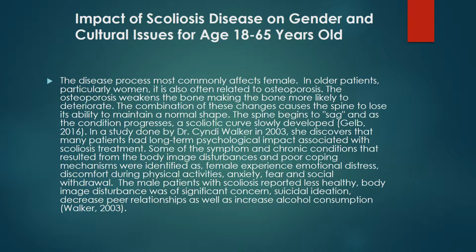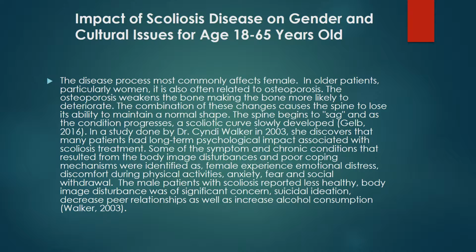So, as the disease process progresses, you'll see the effects more in female than in male patients. In older patients, particularly women, it is also often related to osteoporosis because of changes in body's hormone, calcium deficiency, and lack of certain environmental or physical characteristics such as exercise.